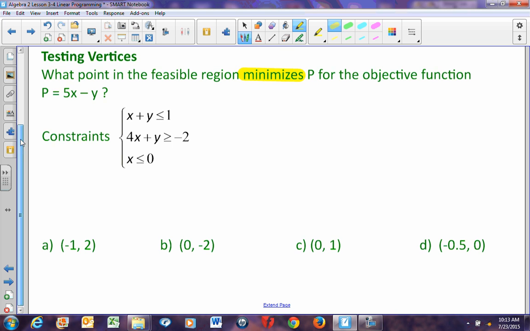So I'm going to look at this particular equation, p equals 5x minus y, and these were the constraints. So in other words, if I was going to graph this to find a solution, I would have graphed my constraints and shaded the region. Anything within the shaded region would be a solution to this system.